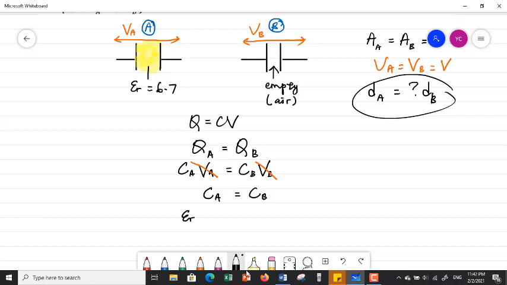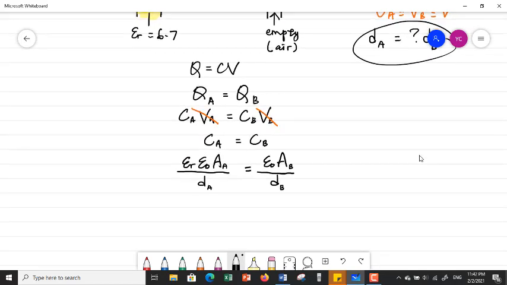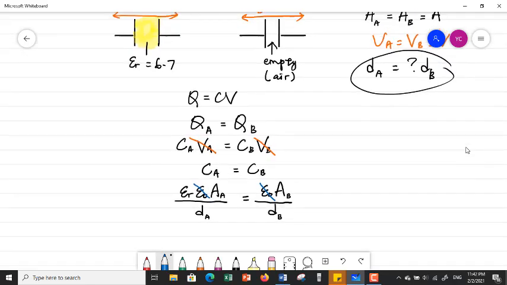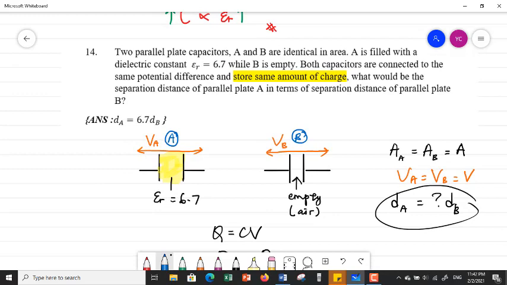Capacitor A is a capacitor with dielectric, so we have epsilon R epsilon naught A over D. This one is for capacitor A, so I denote it with subscript A. And the capacitance for a parallel plate capacitor with air-filled, I have epsilon naught A over D, with subscript B to indicate capacitor B. Then I can cancel epsilon naught and also the area, since they have identical area.